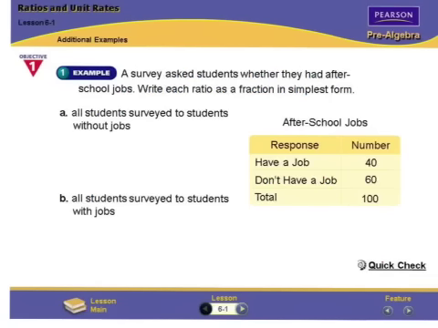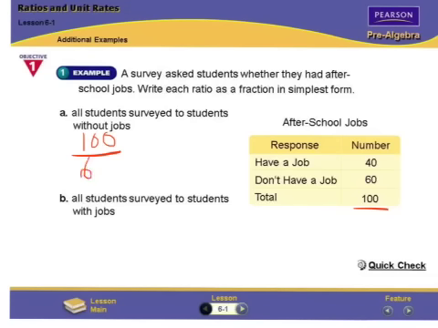Let's look at this example. A survey asked students whether they had after-school jobs and wants you to write each ratio as a fraction in simplest form. Okay, so it says all the students surveyed compared to the students without jobs. Well, how many people were surveyed? That would be our total. All the students surveyed compared to the students that do not have a job.